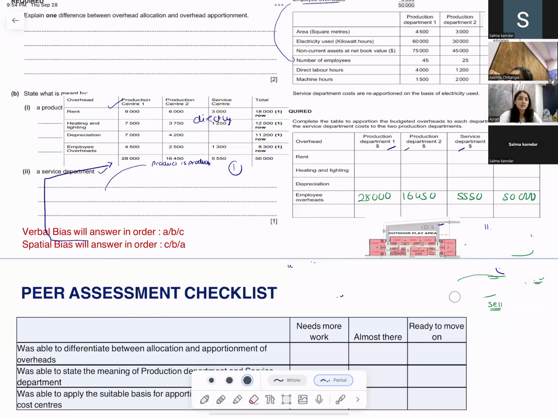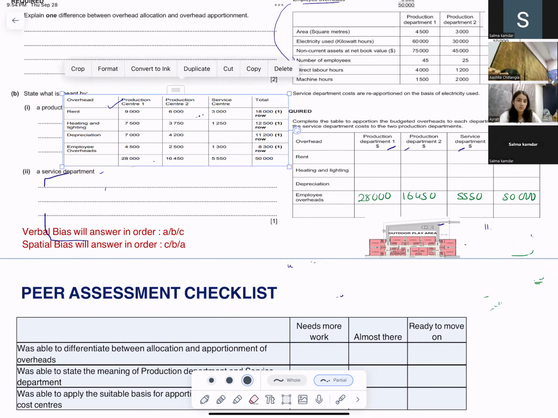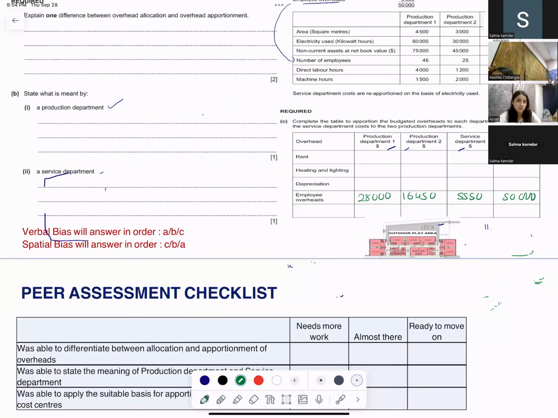So can I do one thing? The service department can go and request the production department: please, I am helping you to produce your goods and services, so please add my expenses in your costing and recover this expense for me.